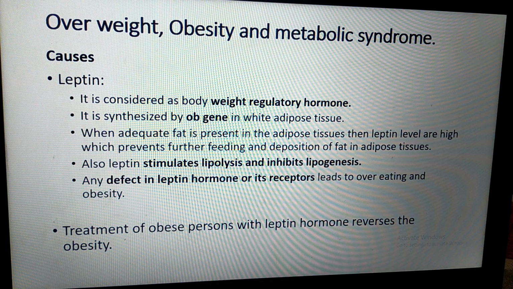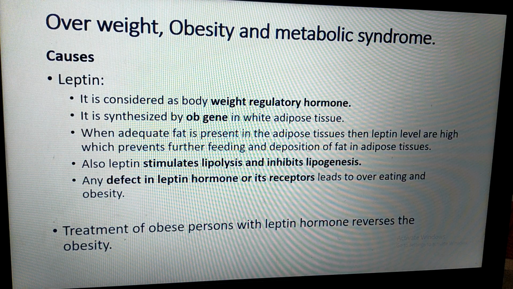When adequate fat is present in adipose tissues, means white adipose tissues, then leptin levels are high, means they will secrete more leptin, and that leptin prevents further feeding and deposition of fat in the adipose tissues. So leptin is basically a weight regulatory hormone which does not allow excess fat deposition.